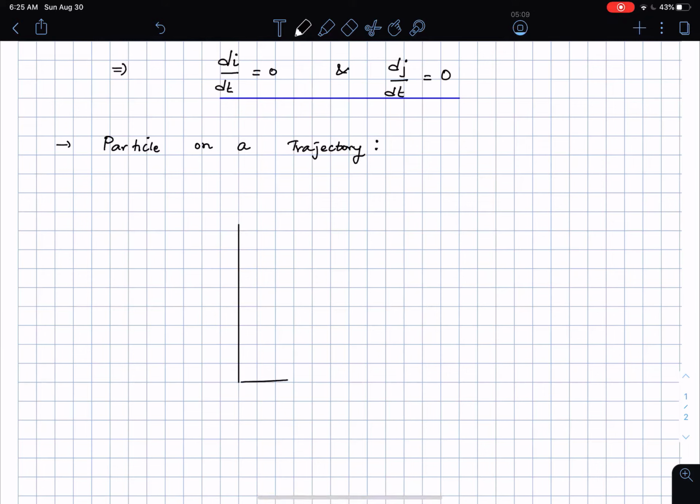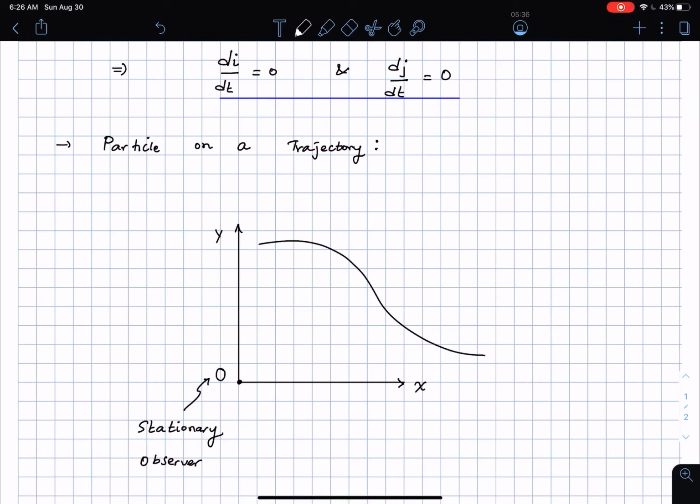This is the vertical direction, horizontal direction, your usual y-axis, your usual x-axis as seen by a stationary observer. So this person who is sitting here is a stationary observer. And then I have the trajectory of the particle. The particle, let's say, is traveling along this way, starting from here and going down there.